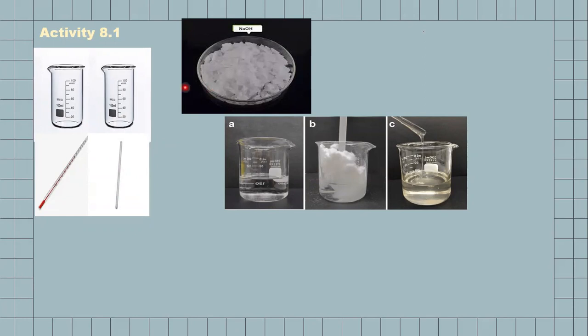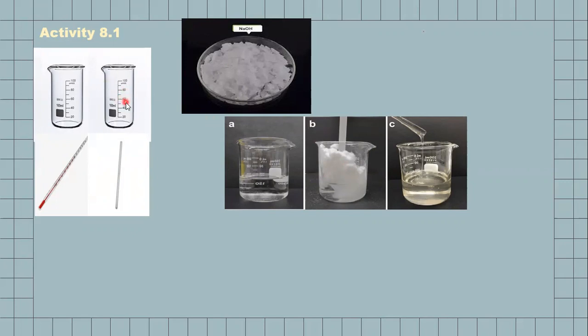First of all, let's take a beaker, add water to half full, measure the temperature and note it down. And then add a little amount of solid sodium hydroxide into it, stir with the glass rod, and again measure and record the temperature. Do the same thing with ammonium chloride.